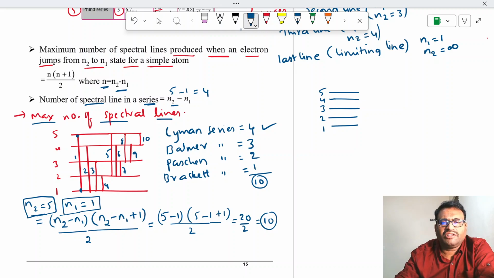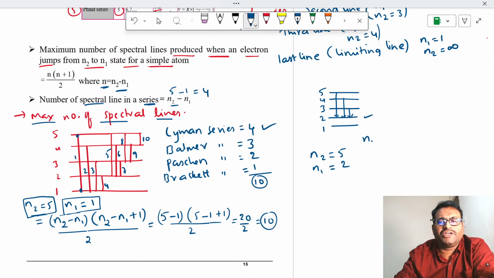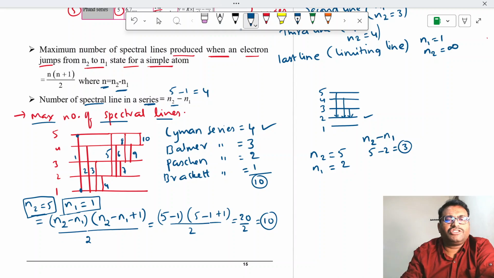Here n2 is equal to 5, n1 is equal to 2. The formula is n2 minus n1, that is 5 minus 2, which is 3. So this is the formula for a particular series. The earlier one is the formula for the maximum number of spectral lines when considering all the atoms of a gas in a discharge tube.